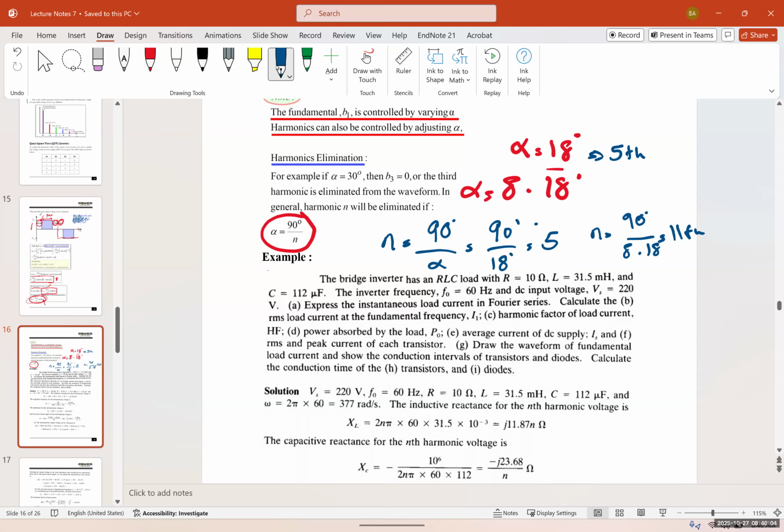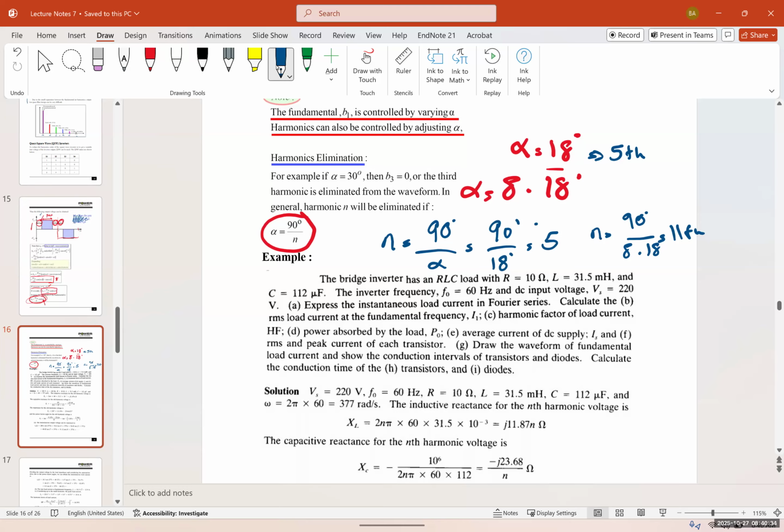So what is the benefit of filters? When you apply a filter, you eliminate all the harmonics after that, so the third, fifth, seventh, and so on. But when you control the alpha, you only eliminate one of the harmonics. So even if you use an alpha to eliminate the third harmonic, you would still need a filter to eliminate the seventh and fifth harmonics as well.